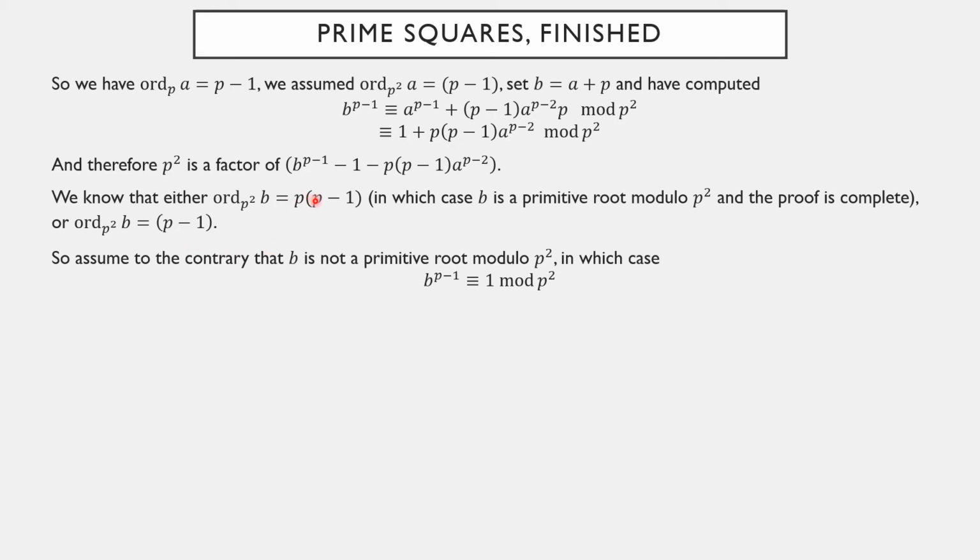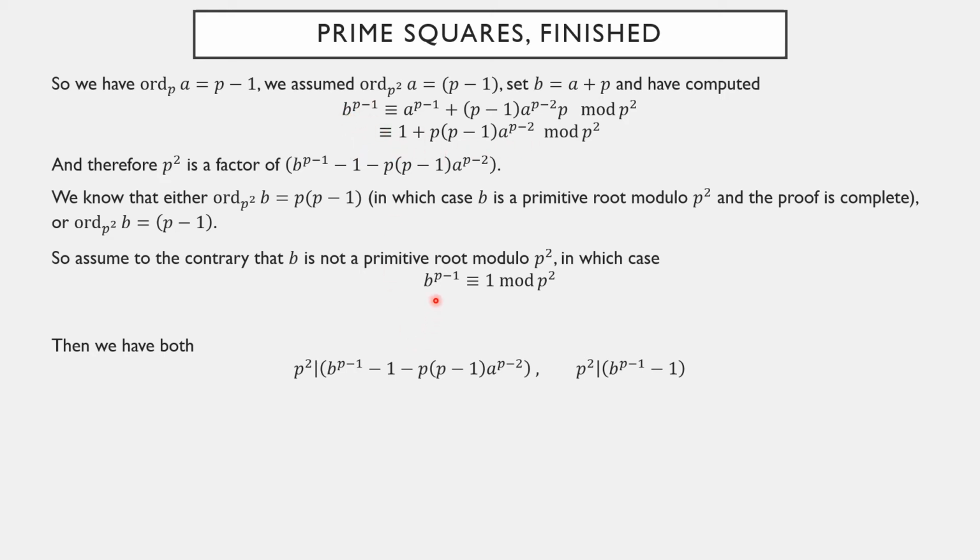Its order was either this, in which case we were done, or this. So if we're assuming that we weren't done with the proof, the order mod p squared of b is p minus 1. So b to the p minus 1, I've raised b to its order, I get out a 1 modulo p squared. But then look back up here. So p squared must be a factor of all of this because of this line here. b to the p minus 1 was equivalent to all of this.